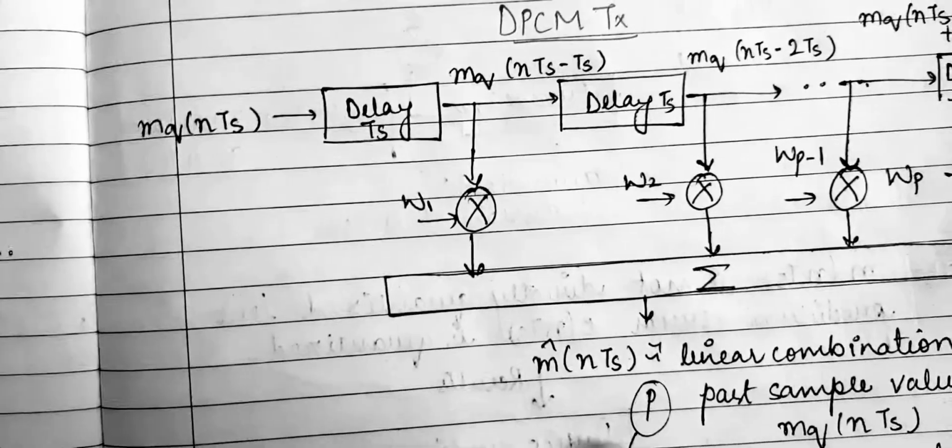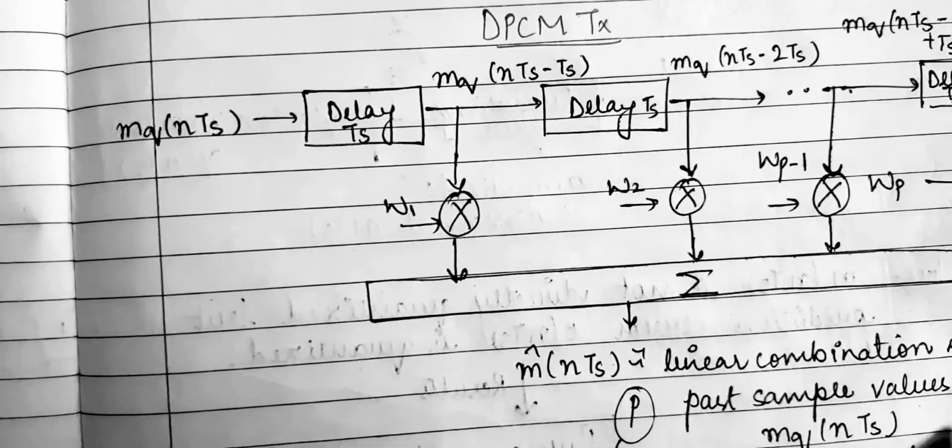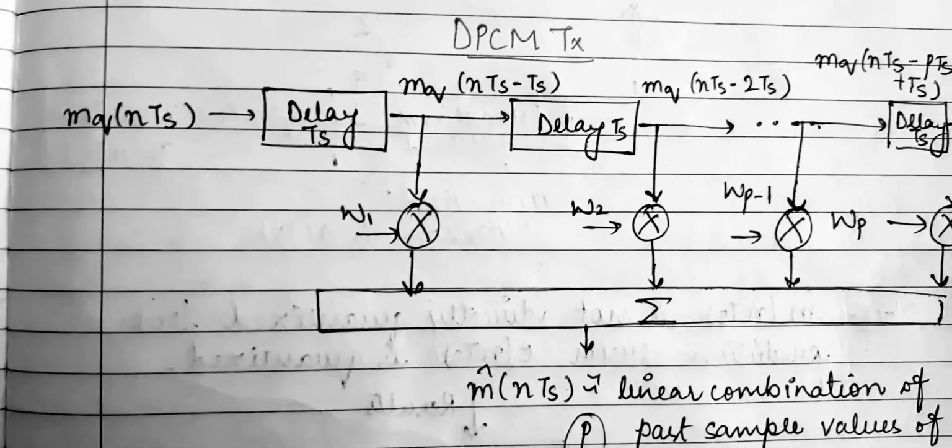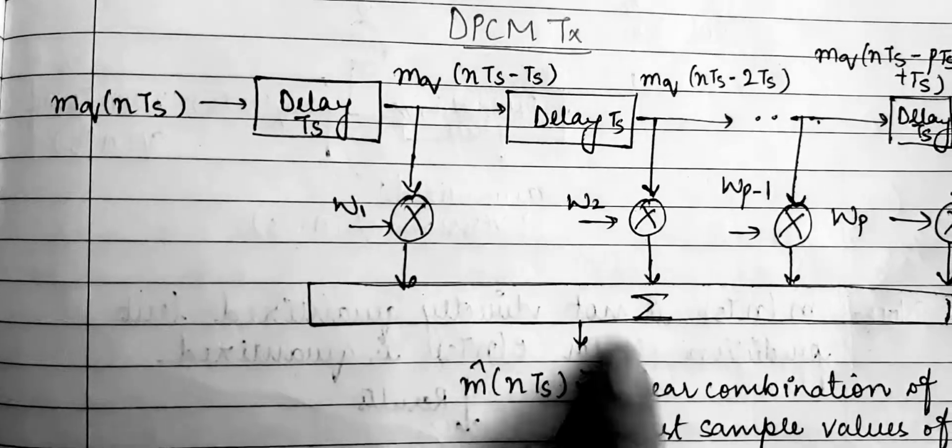Here we are using an adder, that is a linear combination of the past sample values of mq(nTs), where p is your prediction order, and that gives your m-cap(nTs).